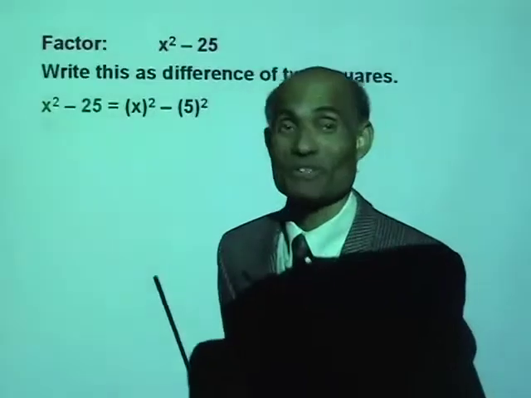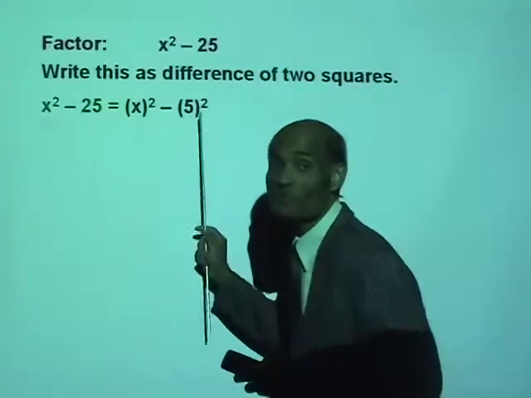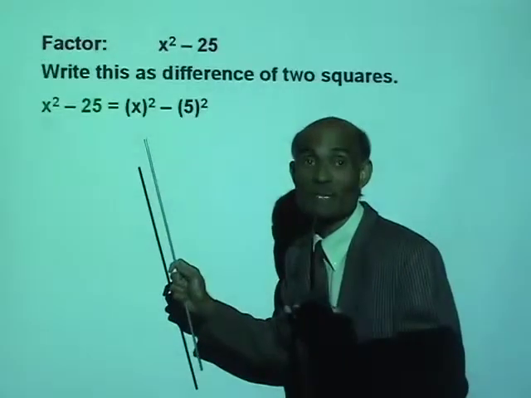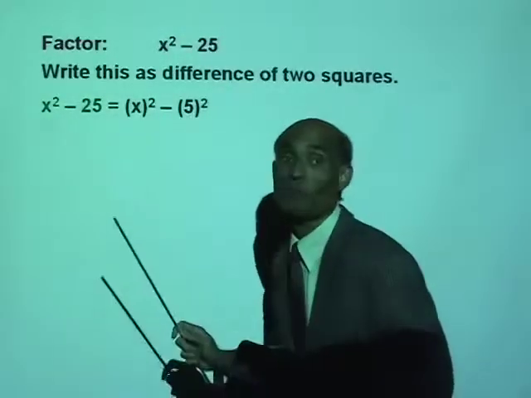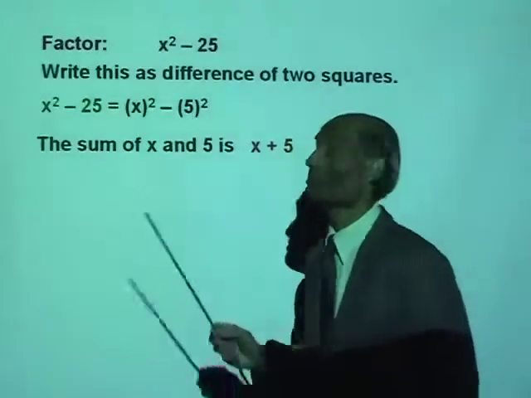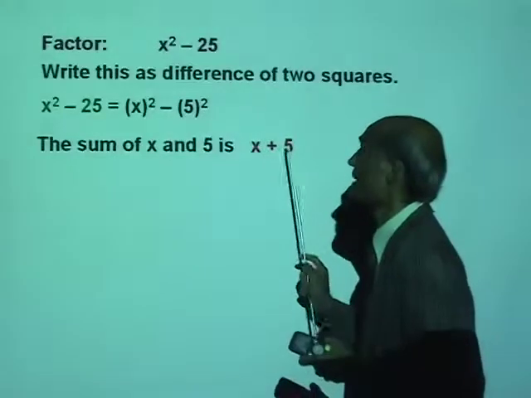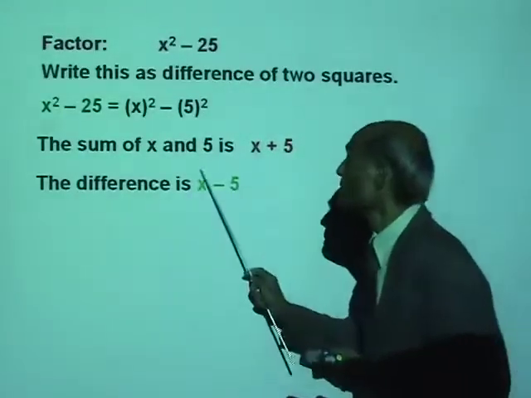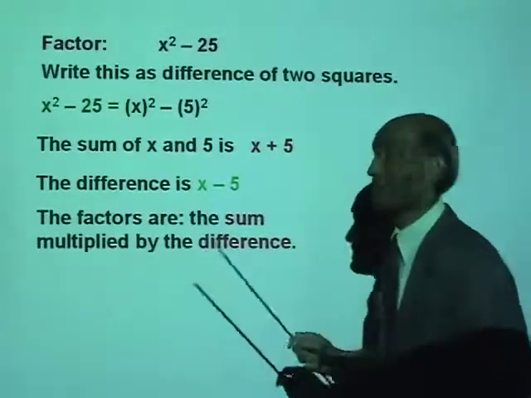Alright, how do you factor this? X squared minus 5 squared, when you factor it, becomes x plus 5 multiplied by x minus 5. So the sum of the two numbers is x plus 5. The difference of the two numbers is x minus 5.